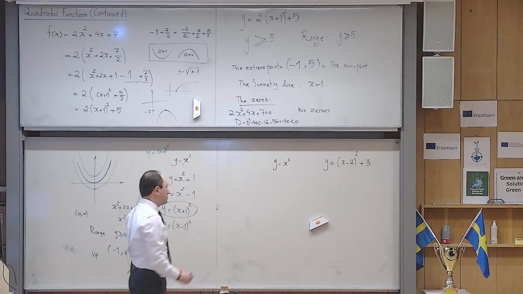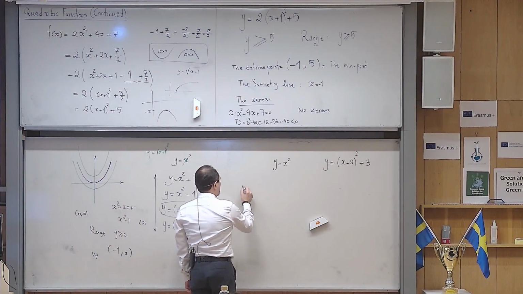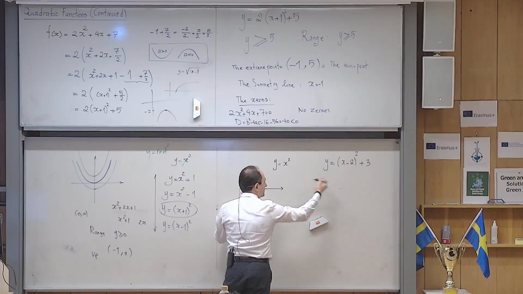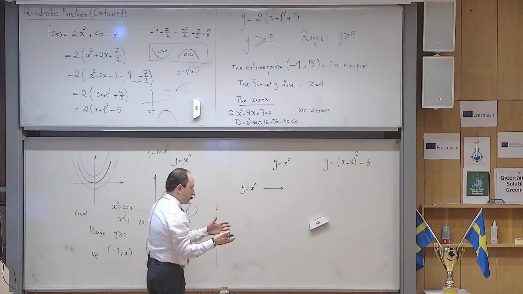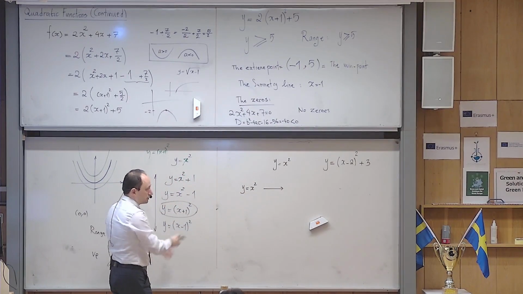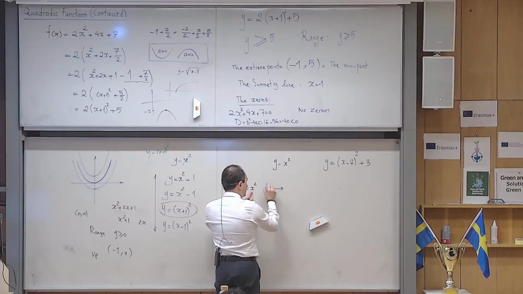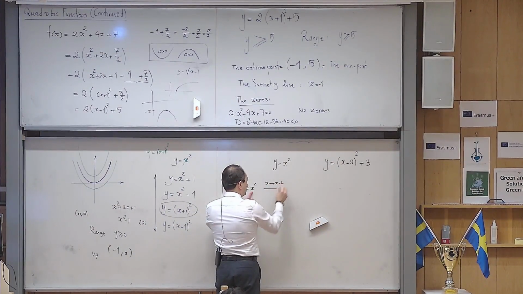You can say that I start from here. By the way, these kinds of things are called transformations. You are transforming the graph of one function to another graph. So y equals x squared. Let me change x to x minus 2.